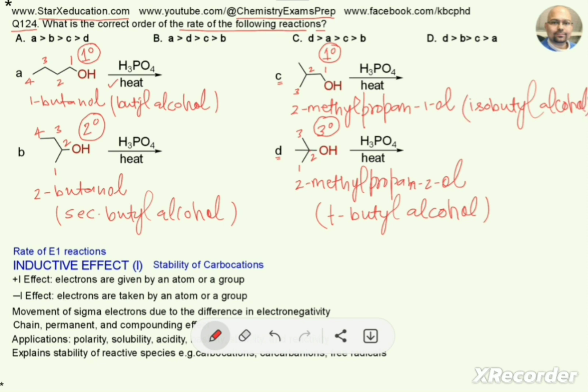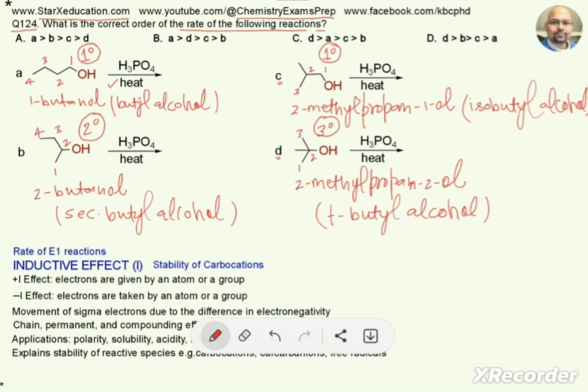So these are very important points to remember because these methyl groups are very common and you will see them over and over in organic chemistry. So now we have named the alcohols.